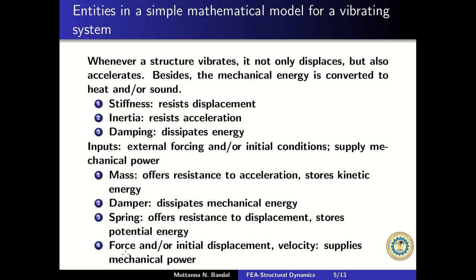So this is basically an external force. We should understand these four terms: mass, damper, spring and the force. All these four terms can be modeled to represent a vibrating system in a mathematical form.